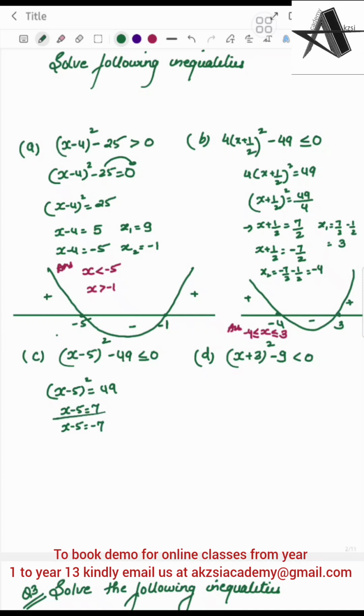From here, when you solve this one, you'll get x1 equals 12 because you have shifted 5 to the right hand side. When you solve x minus 5 equals -7, remember whenever you transpose, change the sign. So -7 plus 5 will give you -2. x2 is -2. We have two roots.